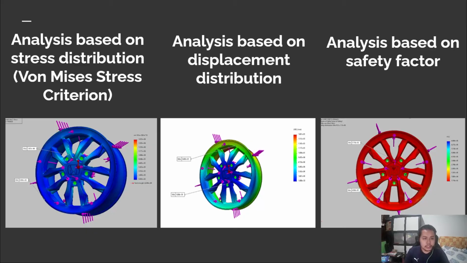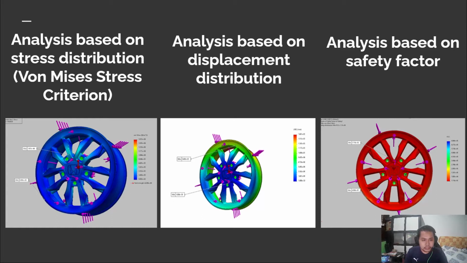The first analysis is based on stress distribution, the von Mises stress gradation. As you see in the figure on the left, most of the region is blue, which indicates the tire is under low stresses. The lowest stress can be seen on the outer section of the rim, with only 99.02 kilopascal.